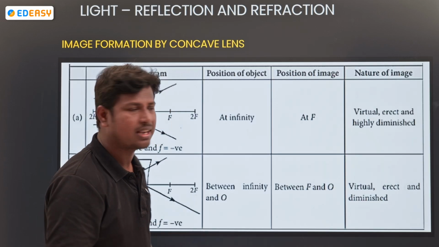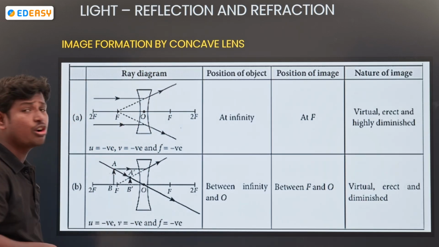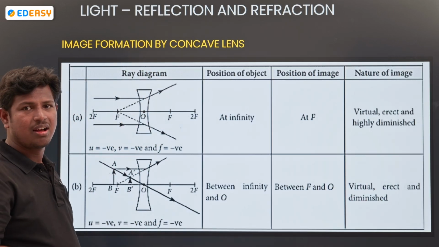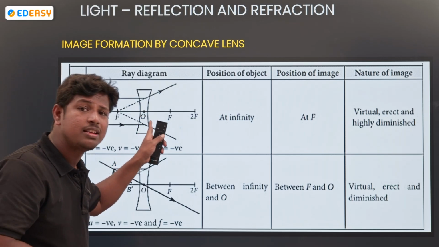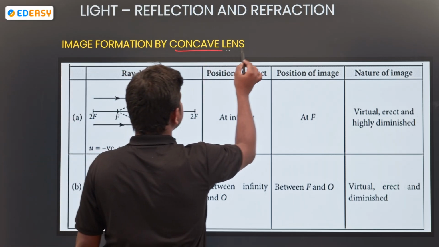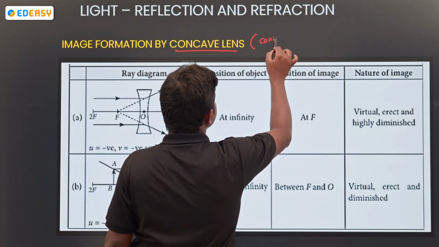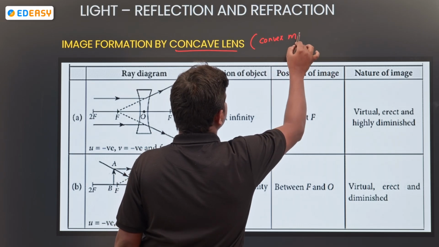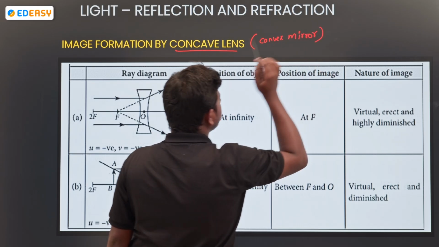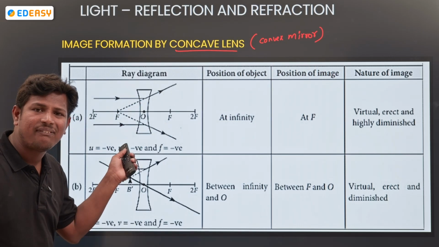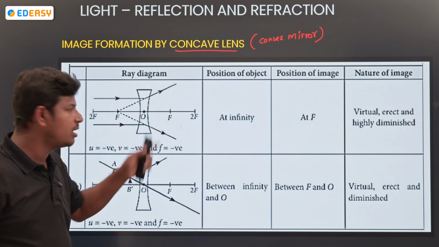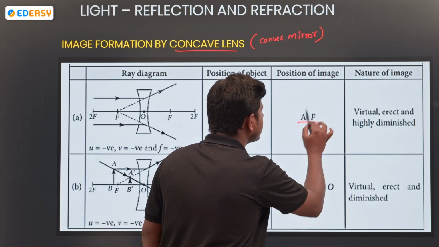Next, coming to the concave lens. A concave lens has convex mirror properties. Remember the convex mirror properties. At infinity, at f only, similar.